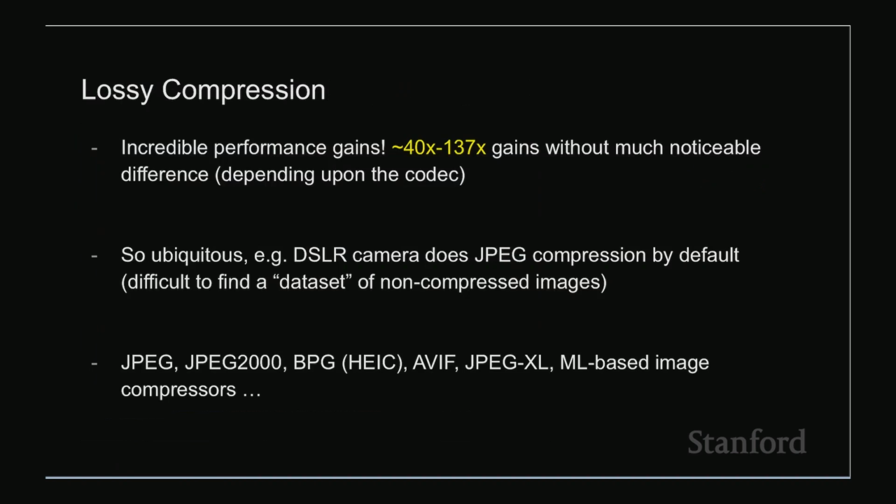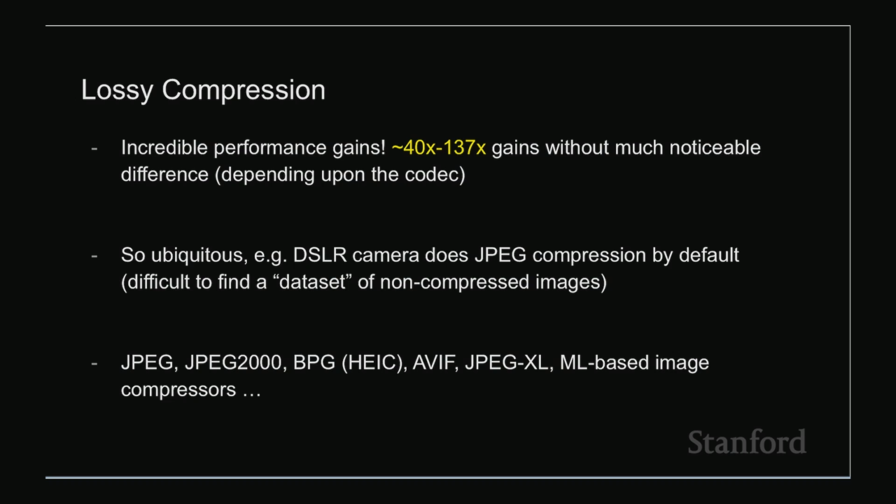So, the first main point: you can get incredible performance gains. You can get 40x to 137x gains without any noticeable difference. That's huge. That's basically why people rarely store uncompressed images.